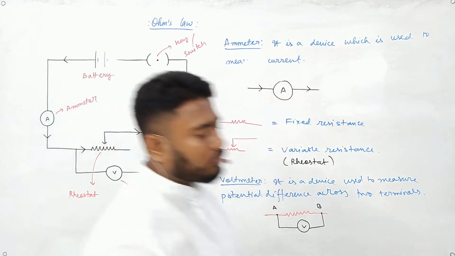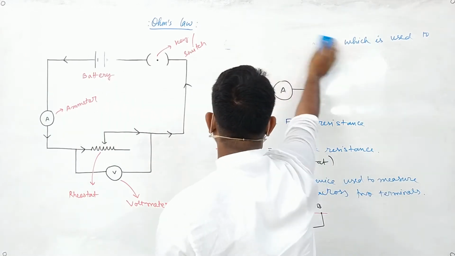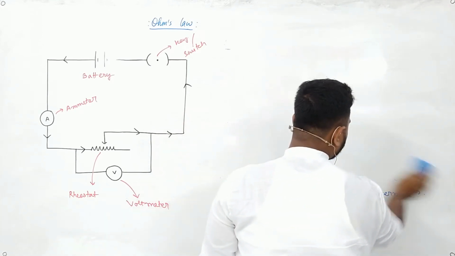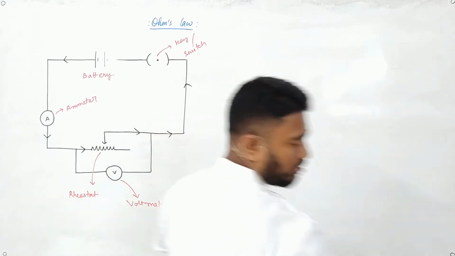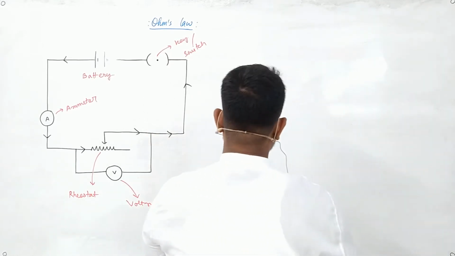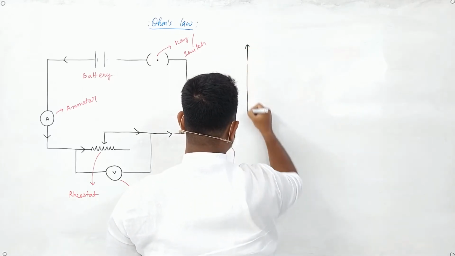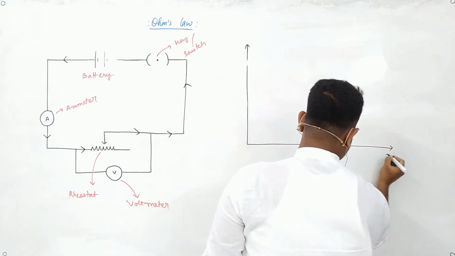Okay, now what we are doing is that we are performing an experiment. Suppose I have an x and y axis. Okay, suppose this one is y axis, this one is x axis.